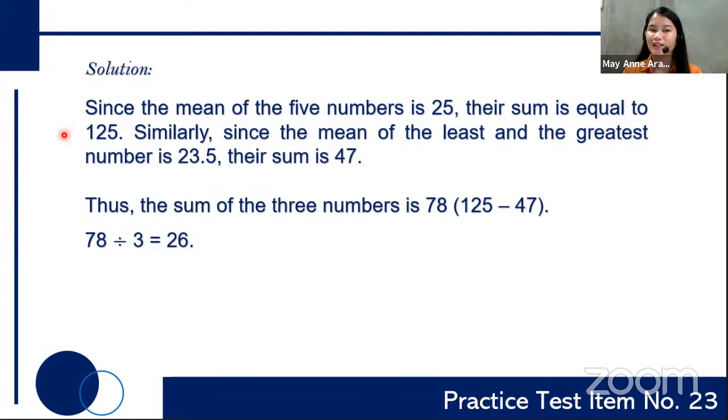So, ito yung total ng sum ng lahat ng numbers, 125, and sum nung dalawa, 47. So, ano yung matitira na sum? So, subtract lang natin yung sum ng 2 numbers from 125, that is 78. So, 78 divided by 3 is 26. So, hindi yung 4 numbers, 3 numbers. So, yun. The answer is 26.